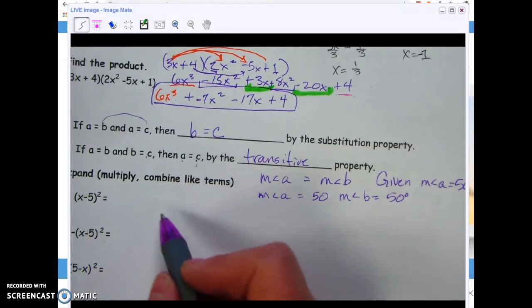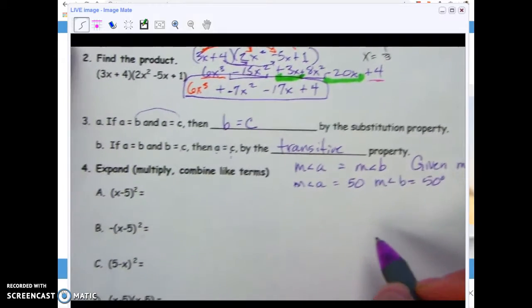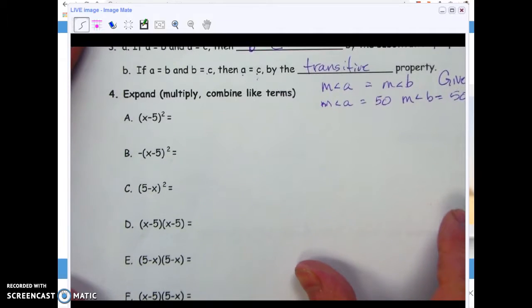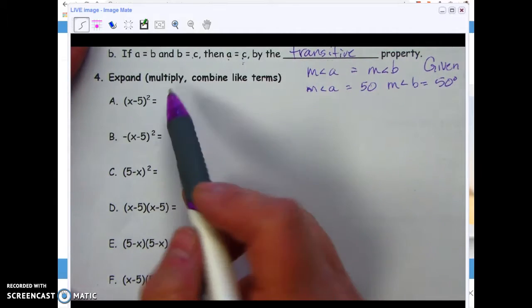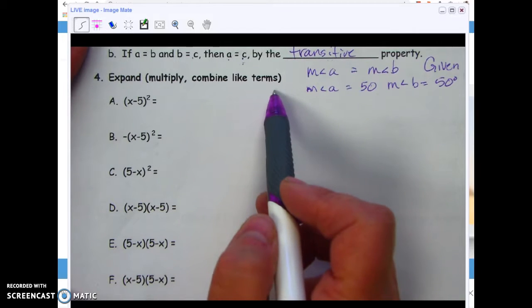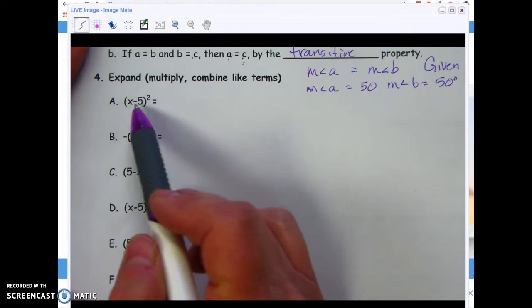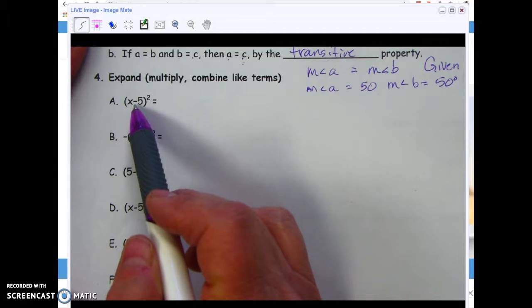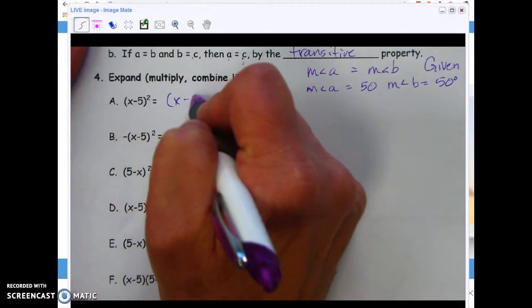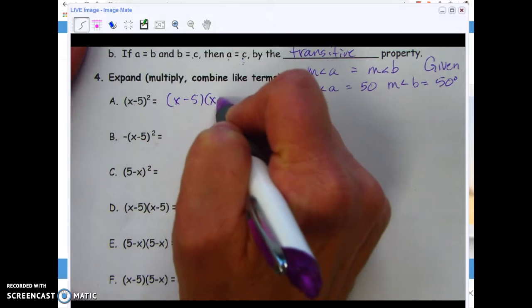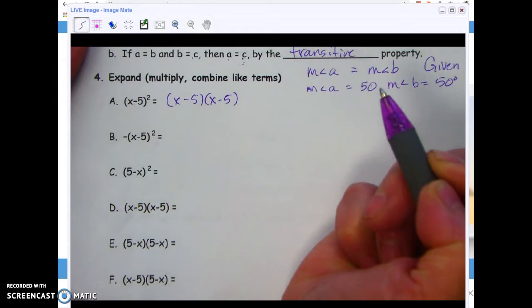Okay, now let's take a look at number 4. On these, expand, multiply, and combine terms. So when we're expanding, that means we write this twice. So x minus 5 squared means x minus 5 times x minus 5.